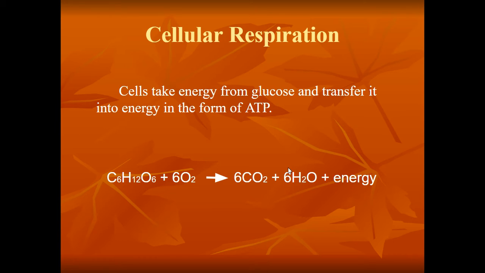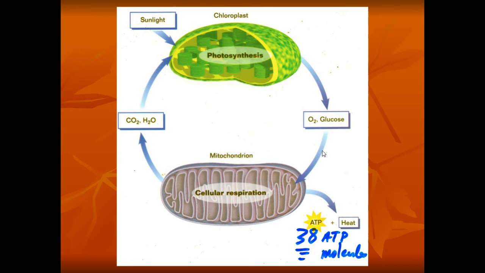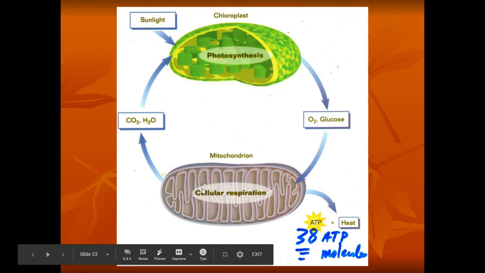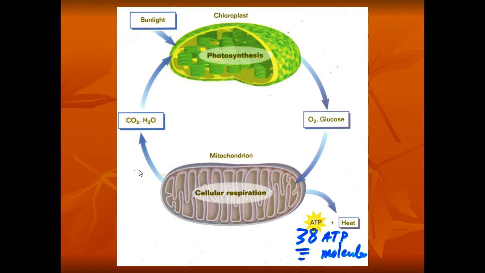This is important and goes back to this circular idea: we take the stuff that photosynthesis makes in cellular respiration, and cellular respiration makes the stuff that photosynthesis needs to start, minus the sunlight part.